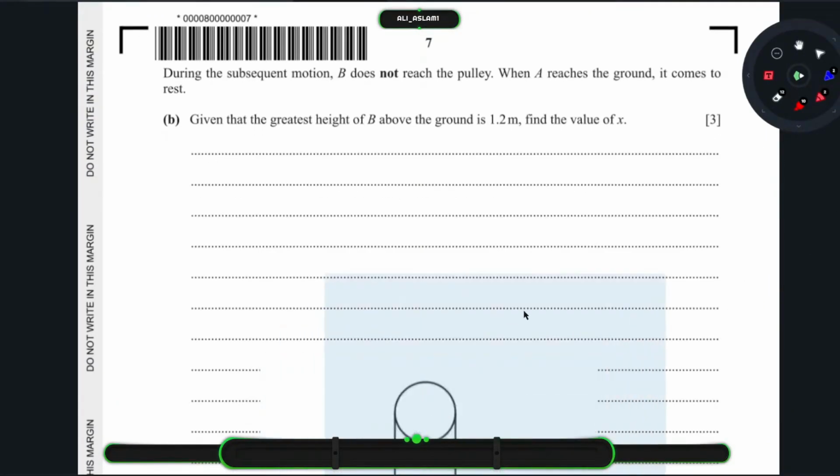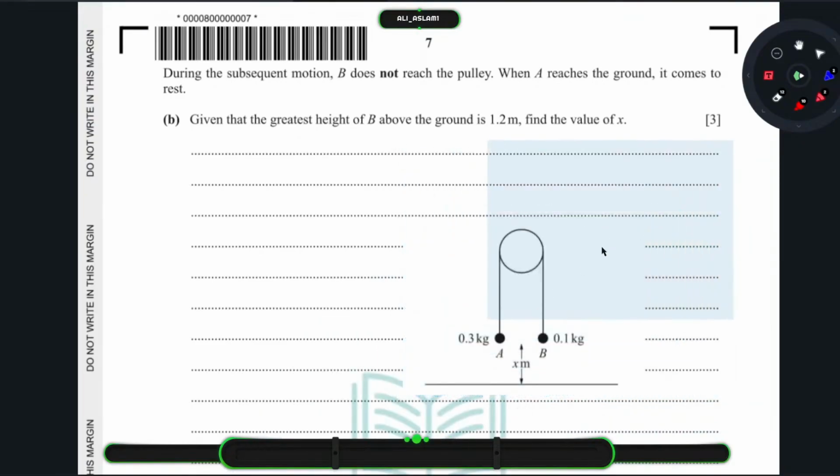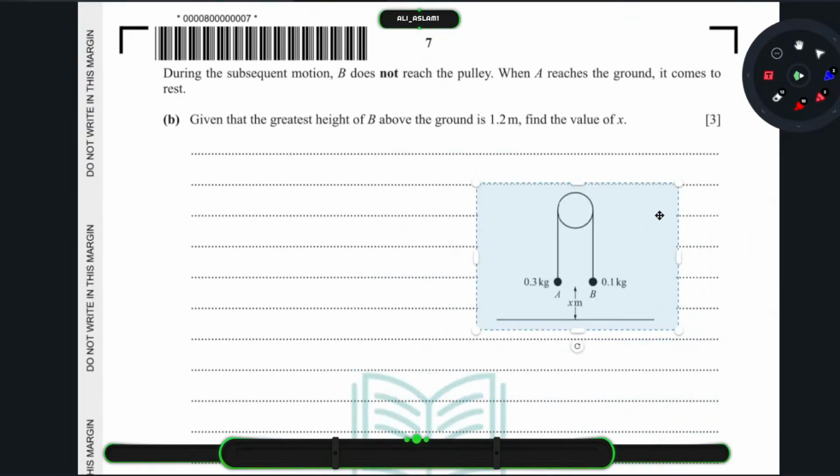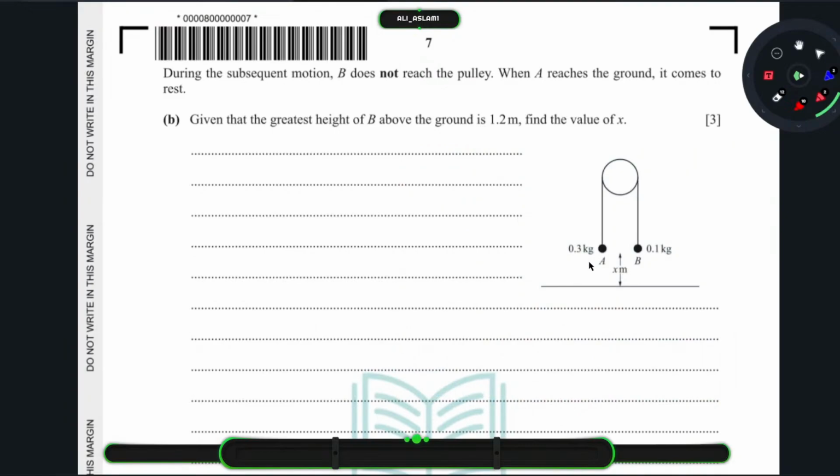So we know that this would move down the same distance, this would move up the same distance. Now at this point, after traveling the same distance upwards, the wire would slacken, it would continue to move for a short period of time, then come momentarily to rest, and then it would fall backwards.